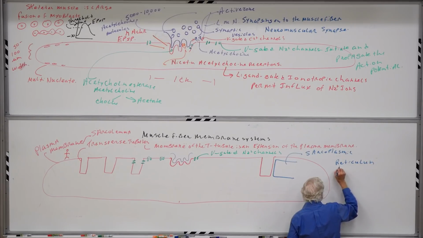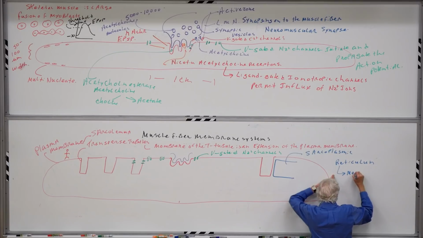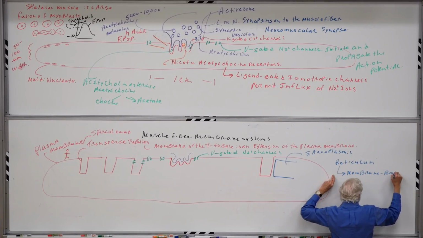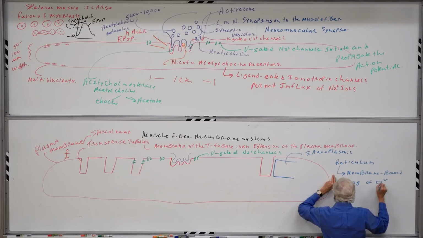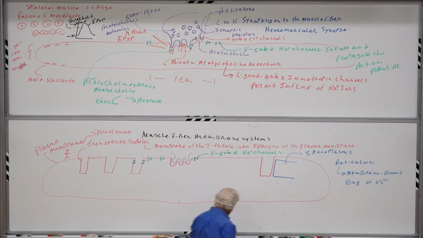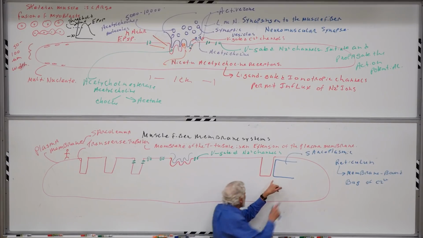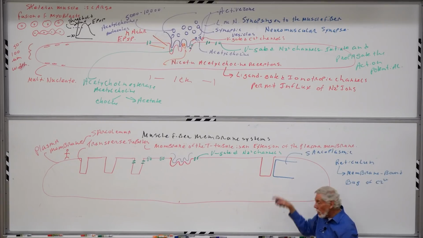The sarcoplasmic reticulum, the SR, is a membrane-bound bag of calcium. So these two membranes, the red membrane of the sarcolemma and the blue membrane of the sarcoplasmic reticulum, are two separate and distinct membranes.